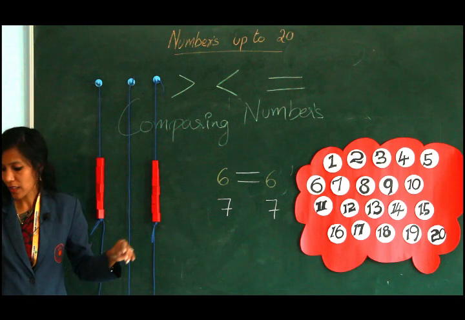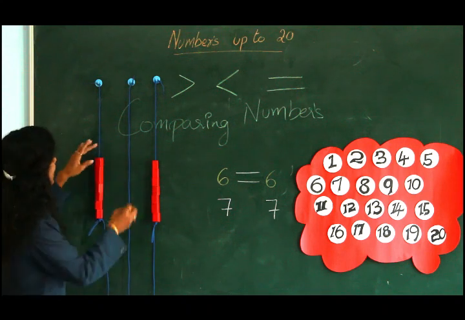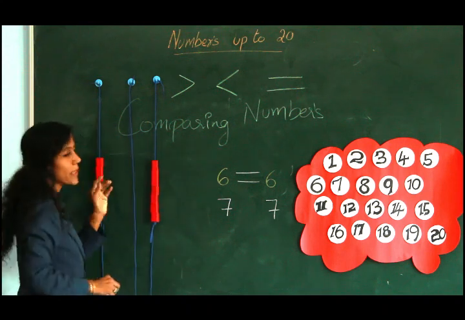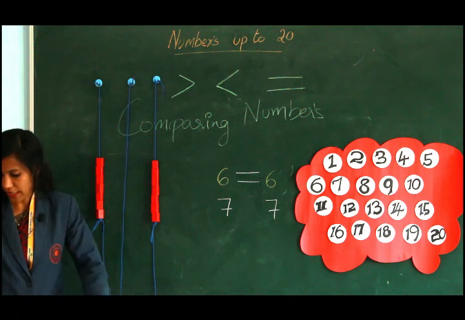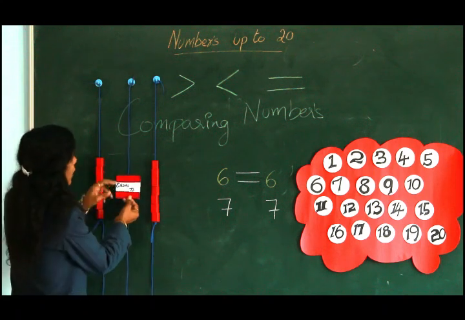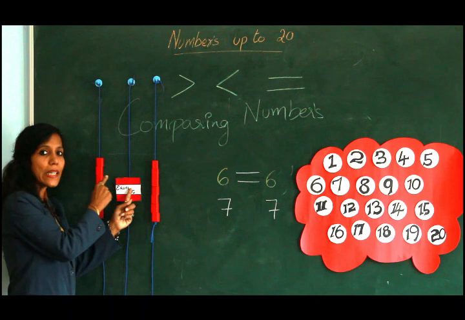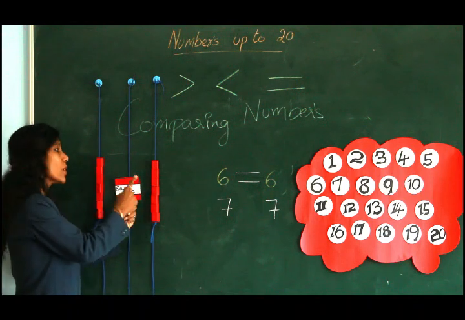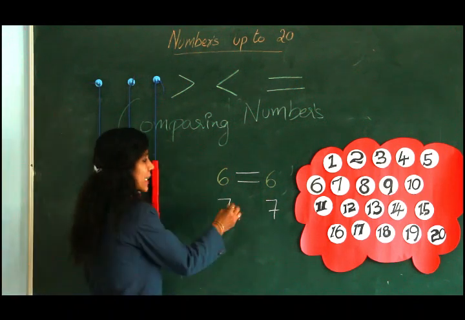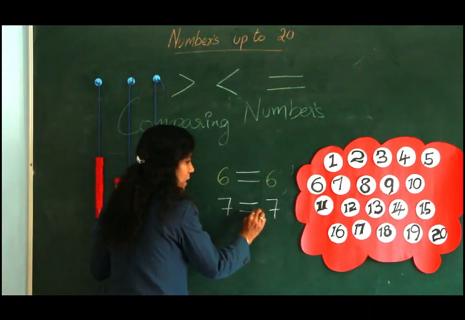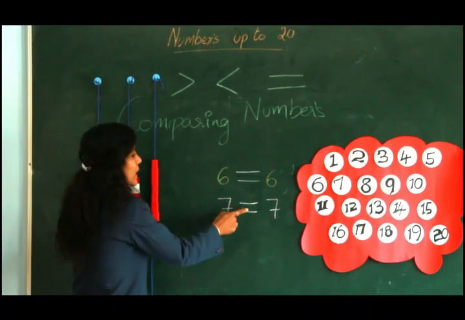So here we see both beads are in the same level. So again we get the same symbol of equal to, where neither right is more nor the left one. So we get the sign of equal to, that is 2 dashes with a gap.